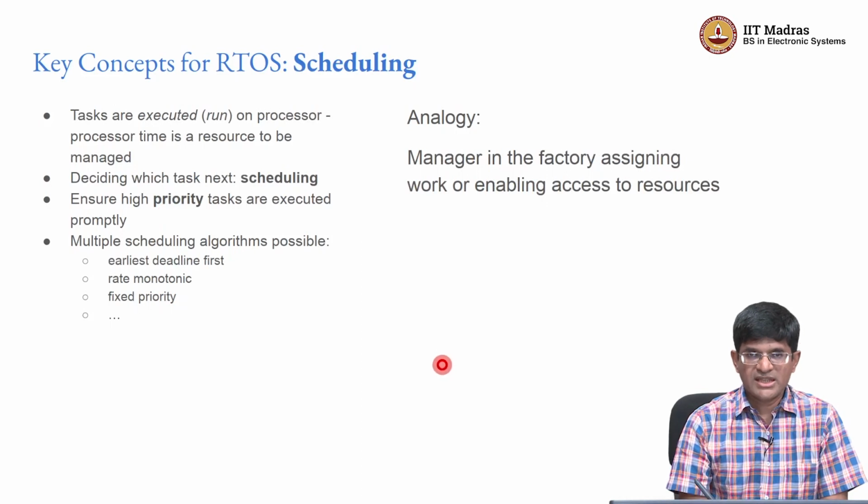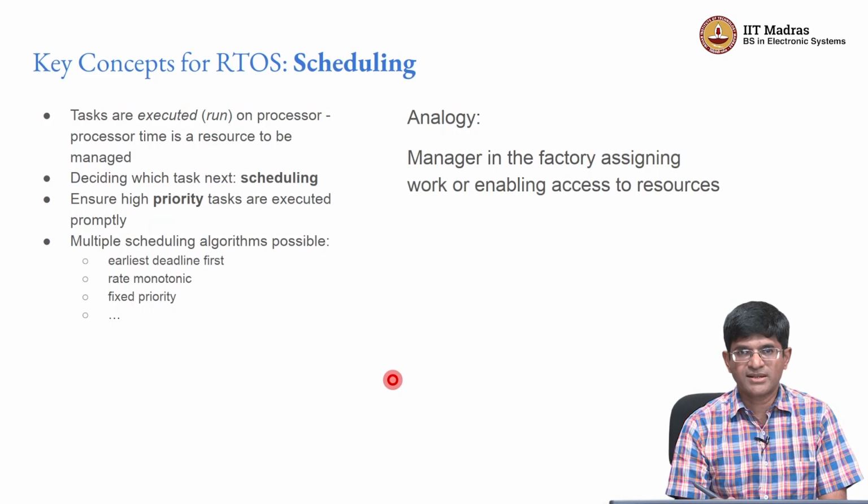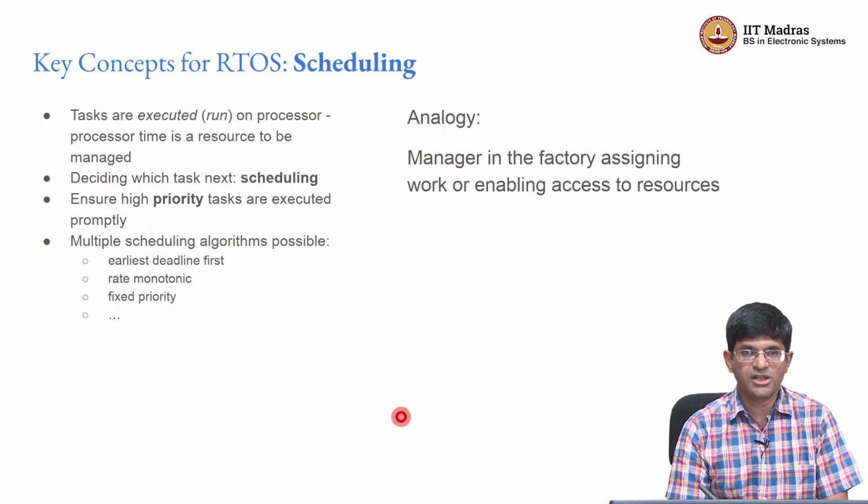Now what this means in turn is that when you have multiple tasks and you have a single processor on which these tasks need to run, you have another problem that comes up, which is called scheduling. Scheduling essentially means that I need to figure out at what point in time each of these different tasks needs to run.